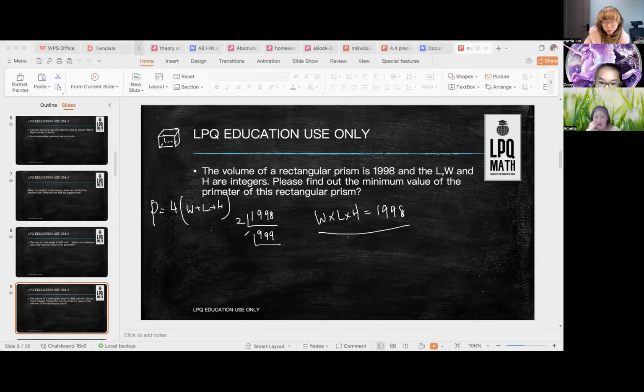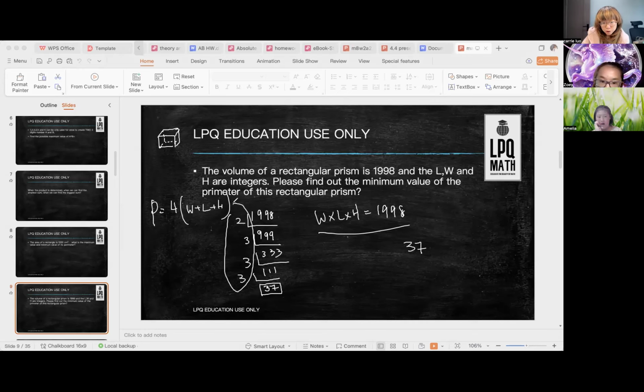Divided by 3, 333, divided by 3, 111, divided by 3, 37. Okay, so to make the minimum value, the smaller the better. So 37, I cannot do anything, correct, Amelia? 37 cannot be broken up.